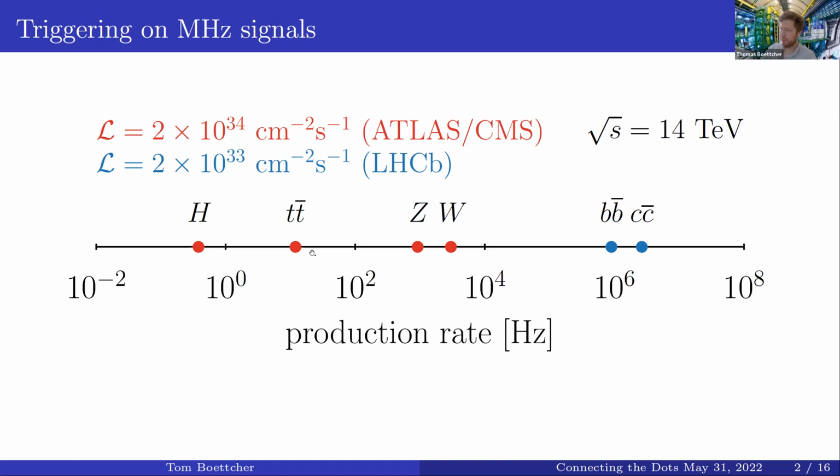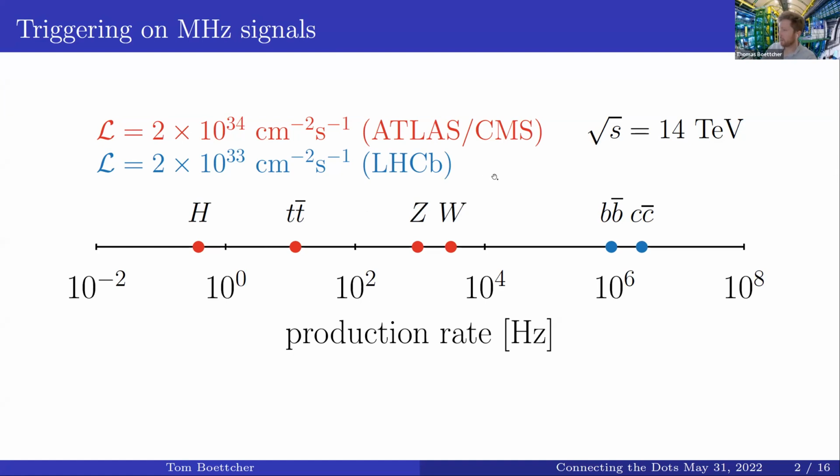And generally, these particles also produce high energy signatures in your detector that you can trigger on. So you might get high energy leptons or photons or jets, which you can then trigger on using just a signal from, say, your calorimetry system or your muon system.